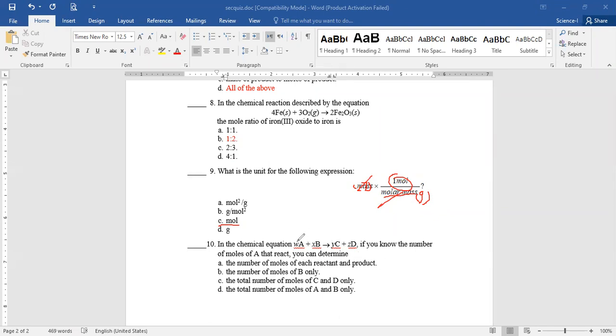That means if I know the number of moles here, what could I determine? Is it the number of moles of each reactant and product, or the number of molecules of B, or the total number of moles of C and D, or the total number of moles of A and B only?